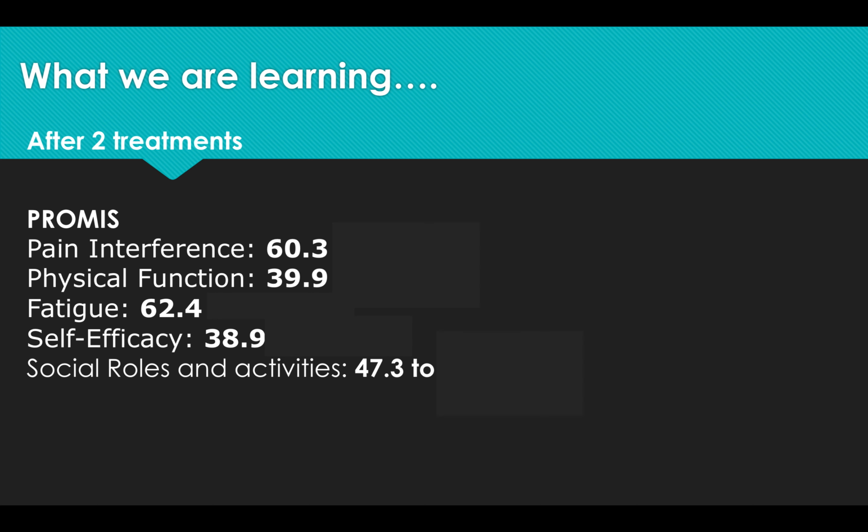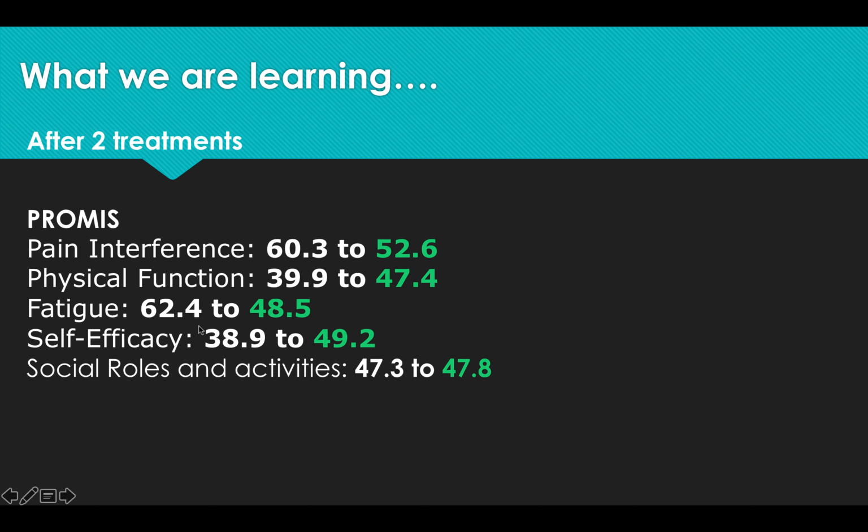So we went ahead with treatment focused on building self-efficacy and increasing physical function. After 2 visits, we can see that her fatigue scores dropped significantly. This indicates that the diagnosis of situational depression was likely correct. In these subsequent clips, Jamie reflects on how this injury was affecting her.